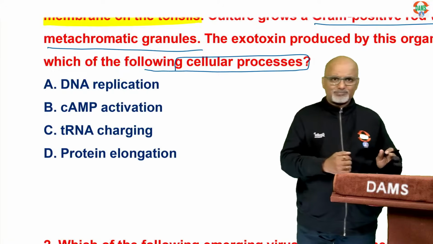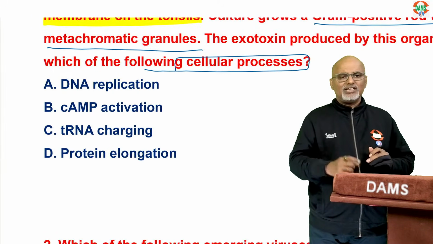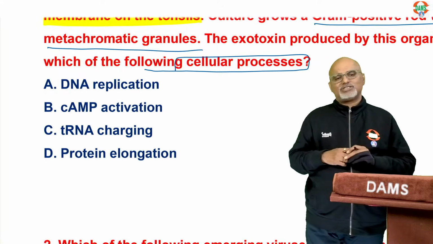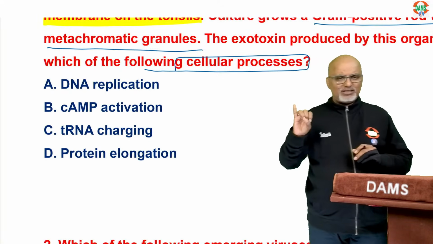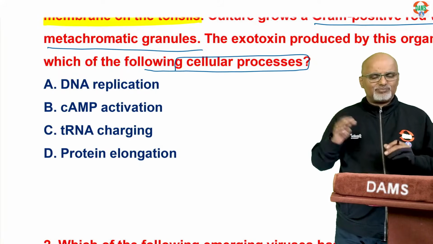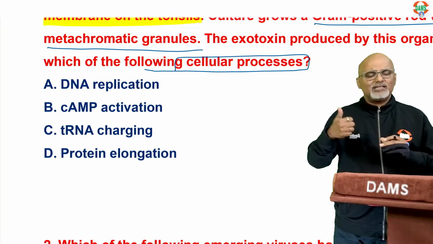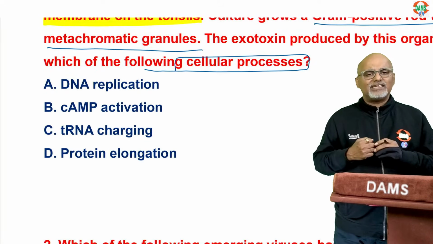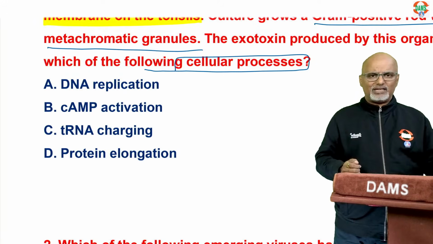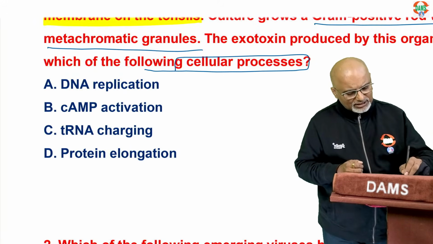Make it easy. The take home message: you may get a question on mechanism of action of toxin, because culture medium, mechanism of action of toxin, vector or hepatitis panel, microfilariae tail identification, these are all must-know areas in microbiology. So what is the mechanism of action?